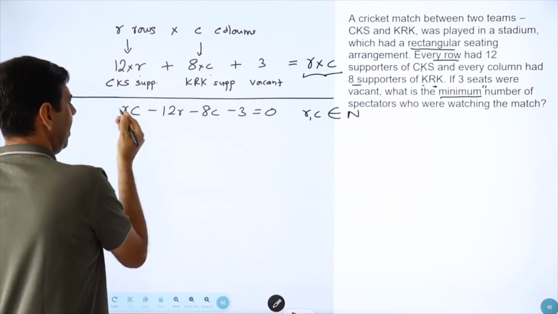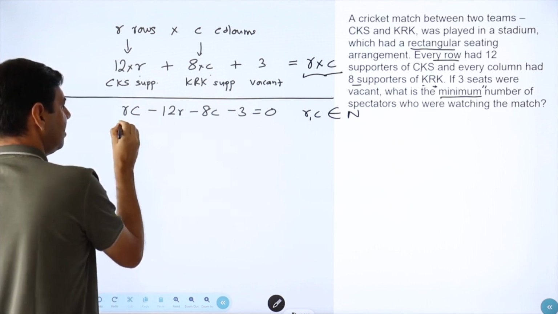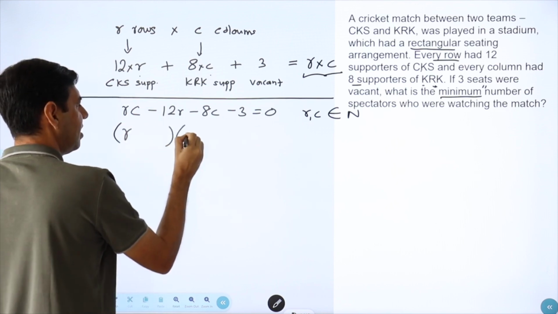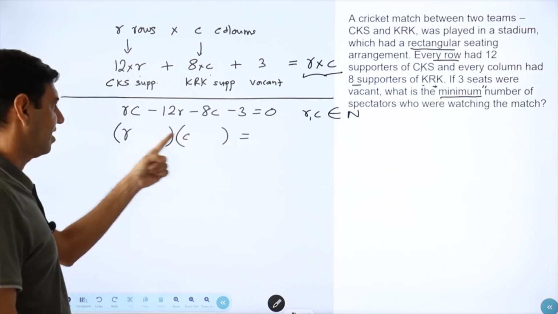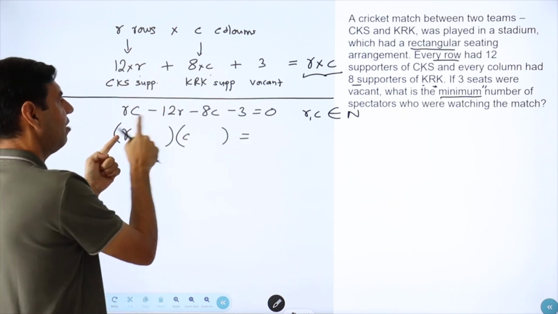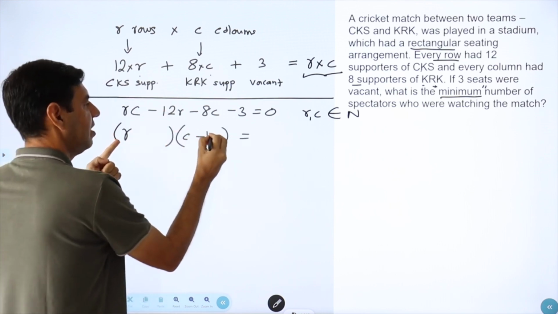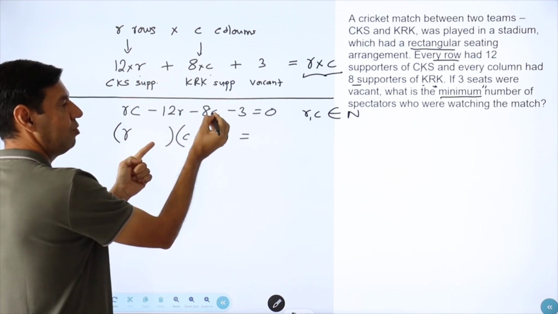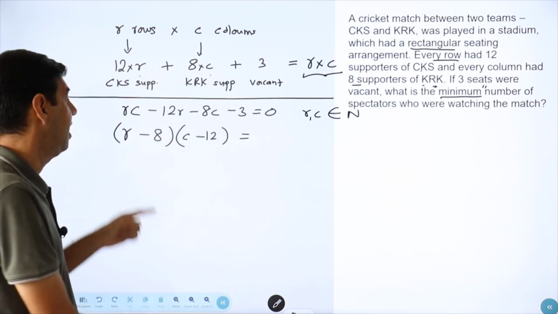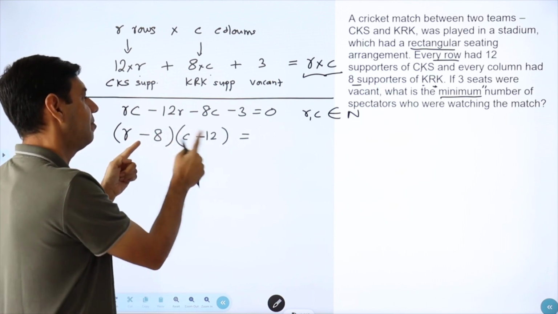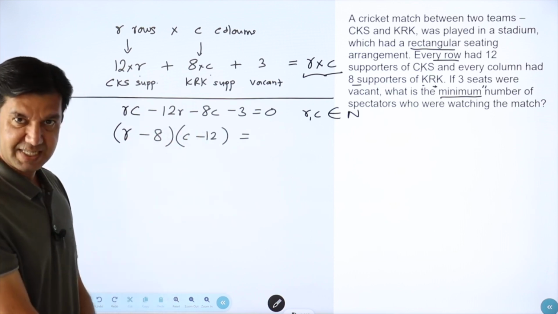If you have practiced well, you know this could be factorized into R minus something, C minus something. RC term, so that you have a minus 12R, minus 8 into C. The constant term here becomes a plus 96.